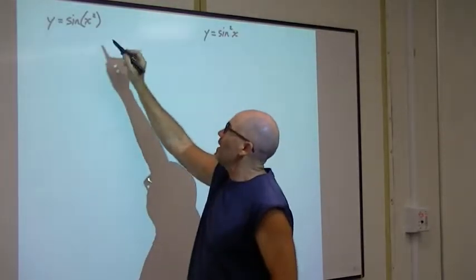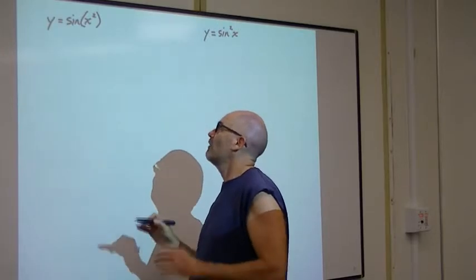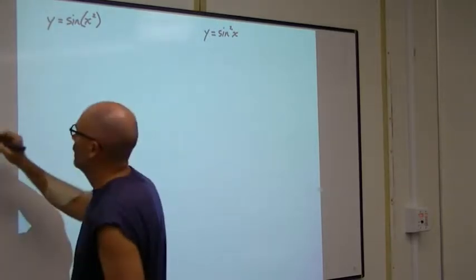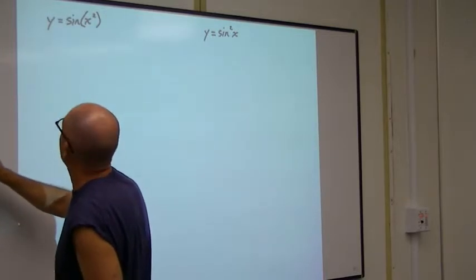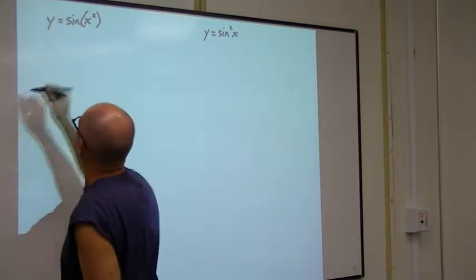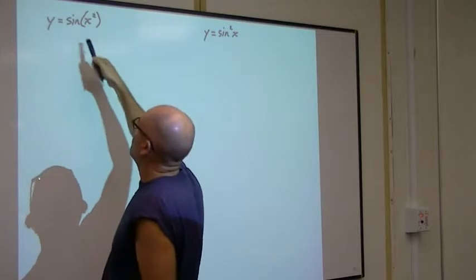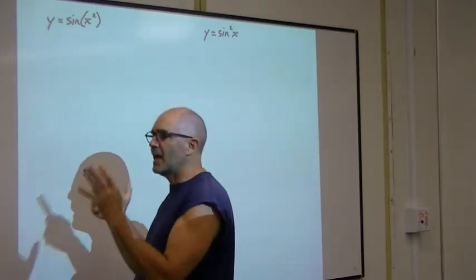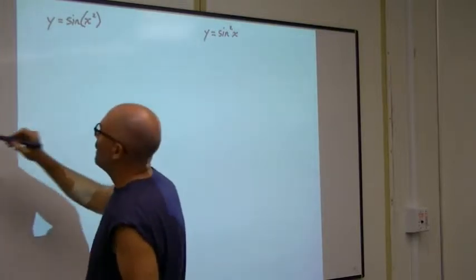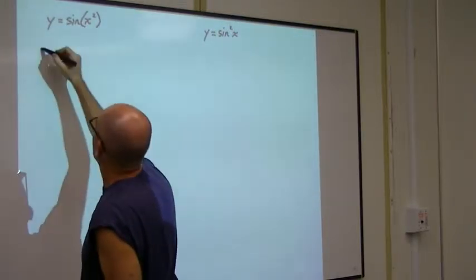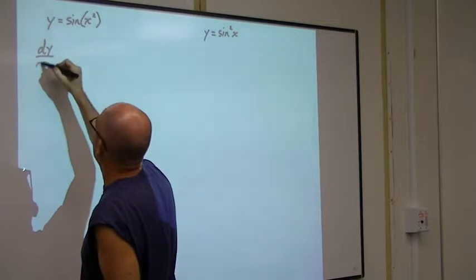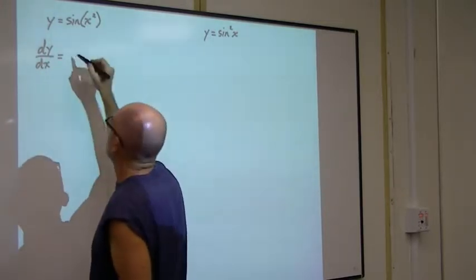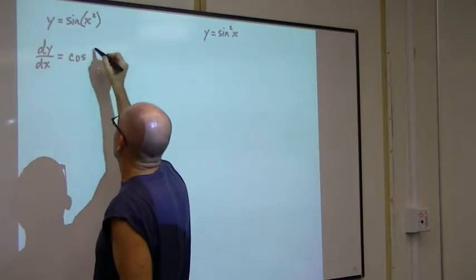What about y equals sine of the quantity x squared? Well, really what we have then is the outside function is sine of something. So that means the derivative is going to be the derivative of sine, which is cosine.